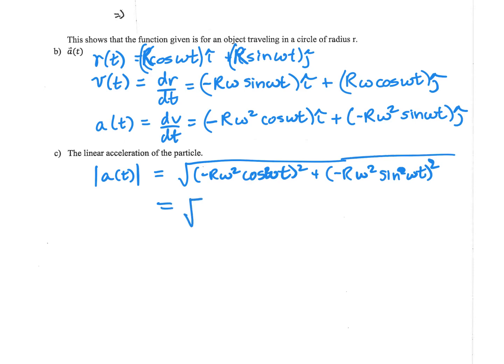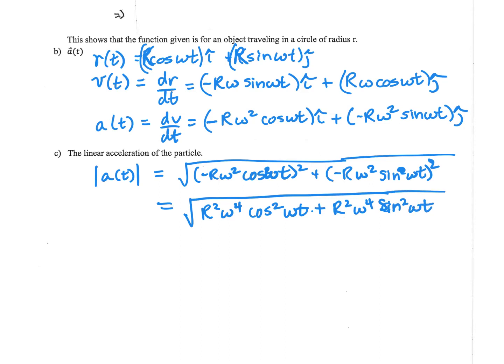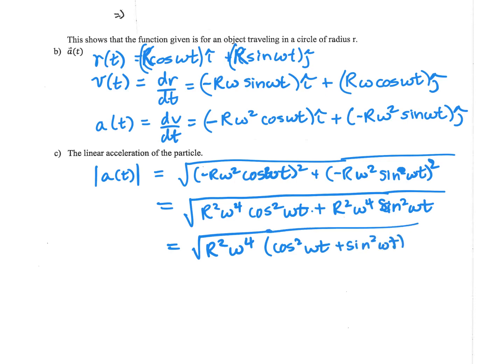So if we do that, what do we get? We get r squared omega to the fourth cosine squared plus r squared omega to the fourth sine squared omega t. You can see where this is going. Square root of r squared omega to the fourth, if we pull out cosine squared plus sine squared, that goes to 1, so it disappears.